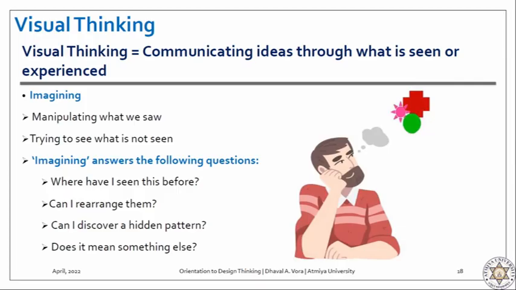Or you can try to see what is not seen by you. Again, it is a kind of manipulation only. You need to reframe, or add your accent, your thinking, your power of imagination to what you saw, and you can come out with a different kind of solution.